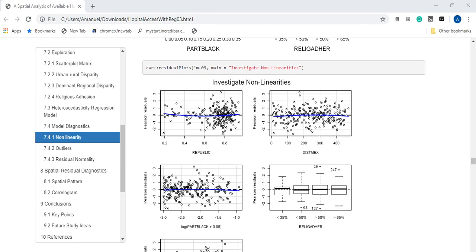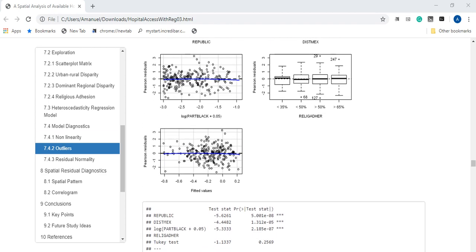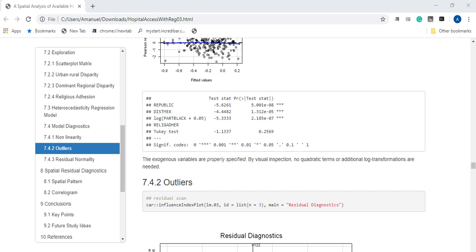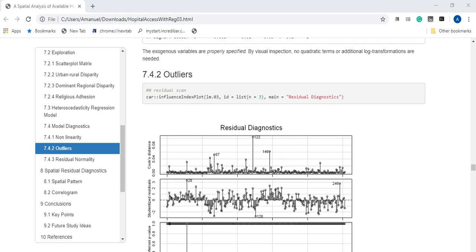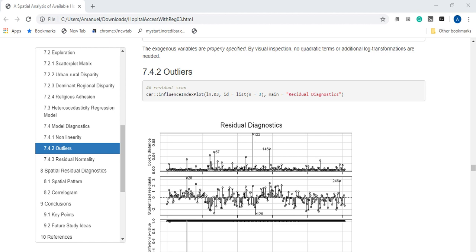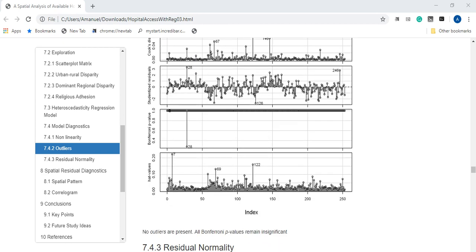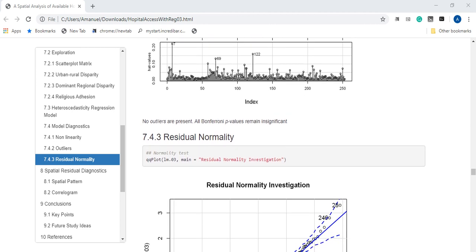This shows the residual process, and the residual diagnostic map shows there are no significant outliers except these few outliers. That means all the Bonferroni p-values remain insignificant.